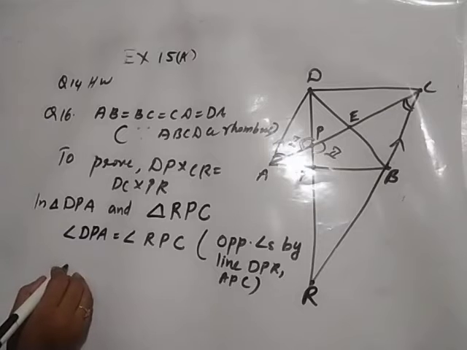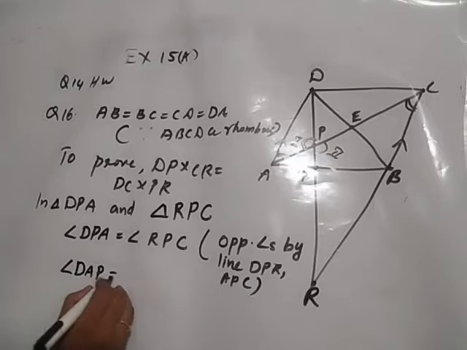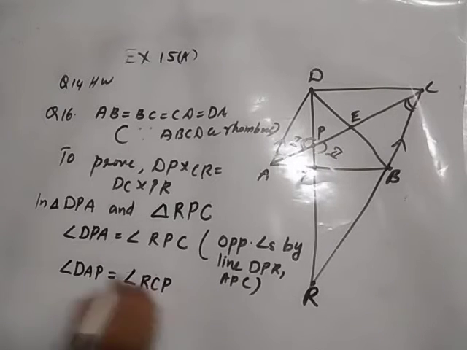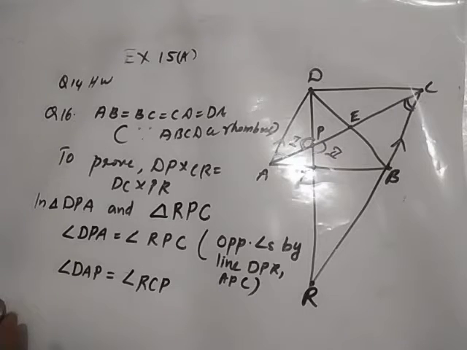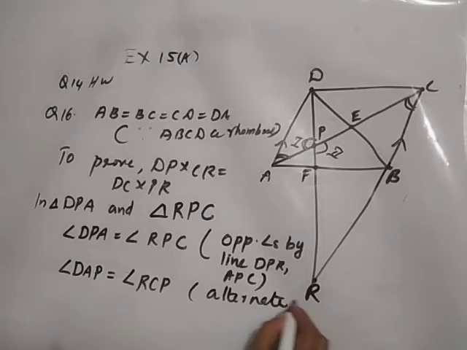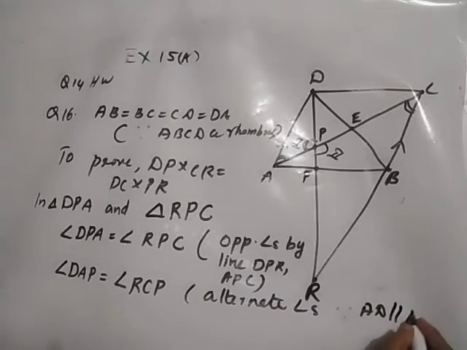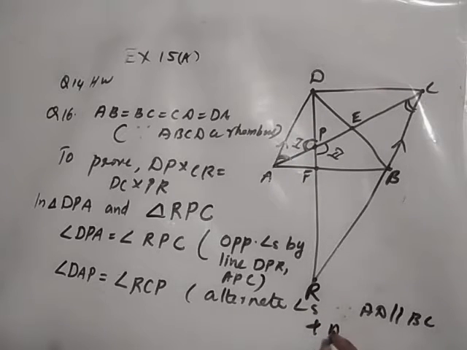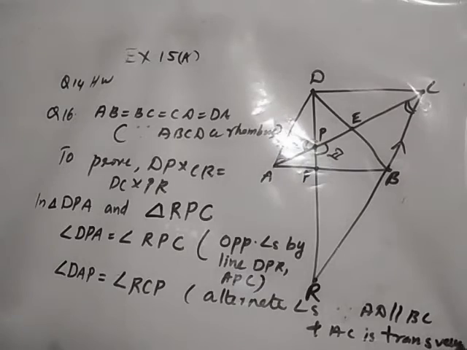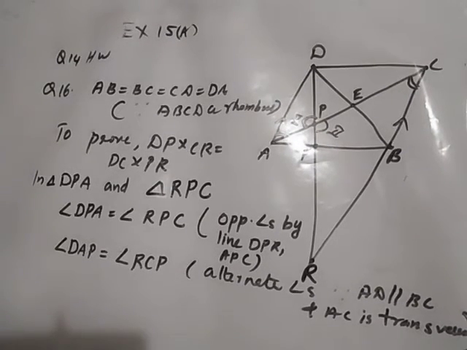Alternate angles are always equal. Angle DAP equal to angle RCP. What is the reason? Yes, alternate angles, since AD parallel to BC and AC is transversal. You know what alternate angles are.